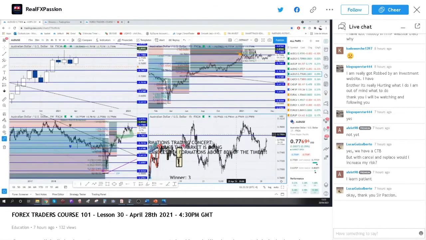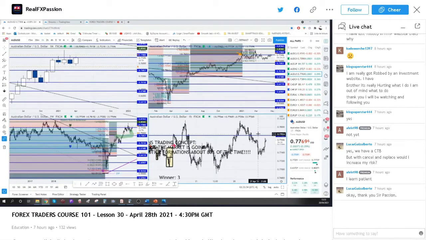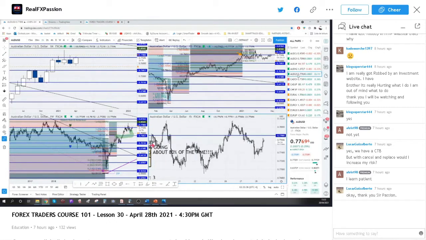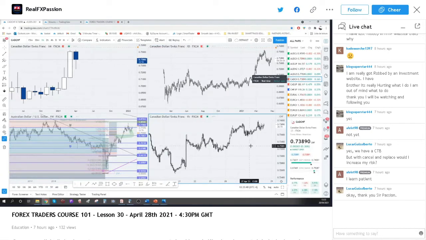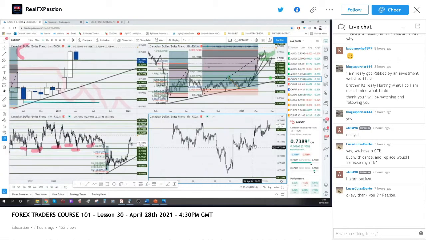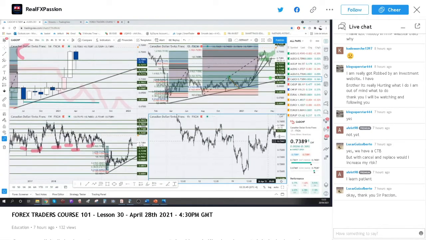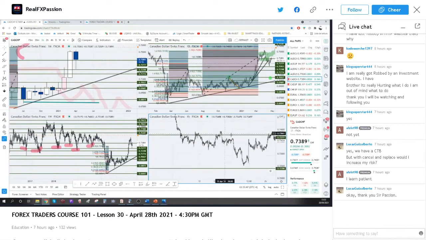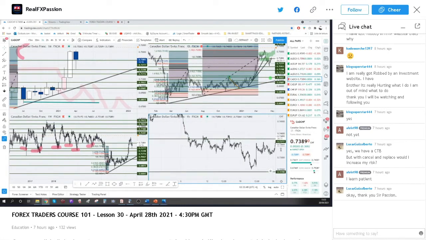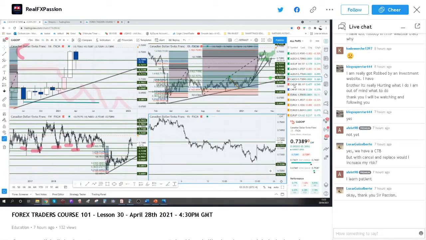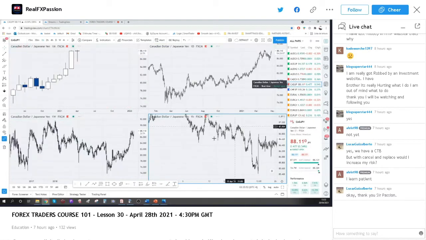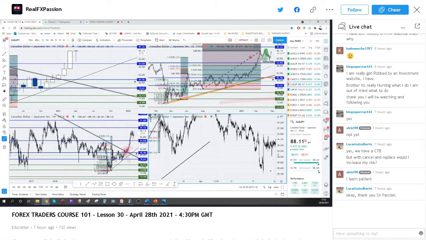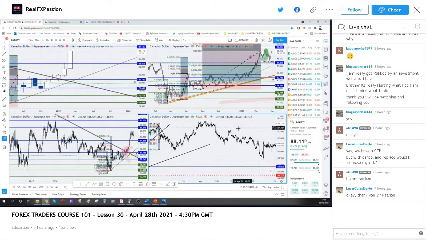AUDUSD, downtrend, 1 hour, not that much too. We need a bigger downtrend. CADCHF, bigger, longer downtrend, not that much. Okay, CADCHF would go, and compared to CADJPY, let me see CADJPY too, right? CADJPY.